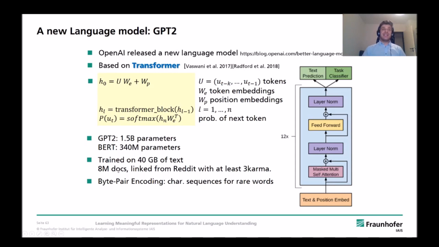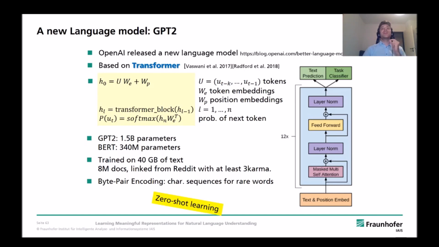That is 8 million documents which are taken from Reddit links. Reddit posts with a karma of at least 3 have been crawled, and documents which have been linked in these posts have been crawled, and then the model was trained on this. And again, we use byte-pair embeddings as a token representation here.